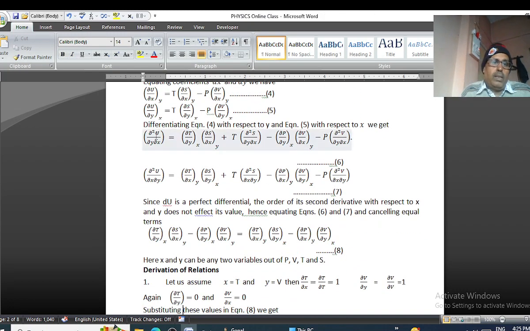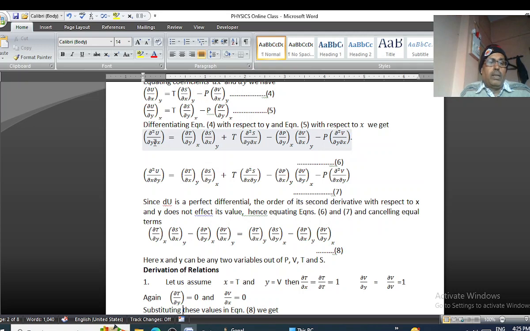Since ∂u or du is a perfect differential, whether we differentiate with respect to y first or with respect to x first does not matter. Here you can see in ∂y∂x and ∂x∂y, they are the same because du is a perfect differential.